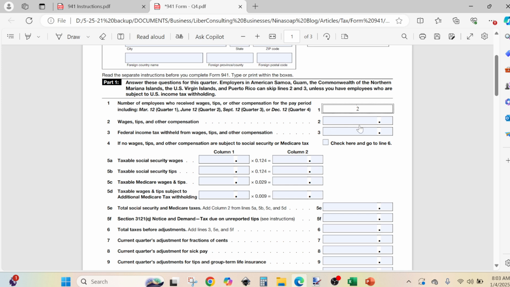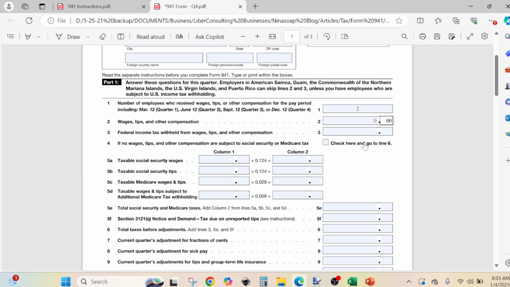And in fact, we can try to complete it. Let's do it this way. Let's complete the first section as if you didn't have any payroll. So we'll put 0 and 00. Line 3, federal income tax withheld from wages, tips, and other compensation.